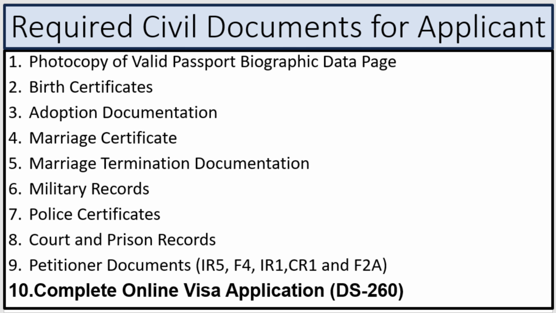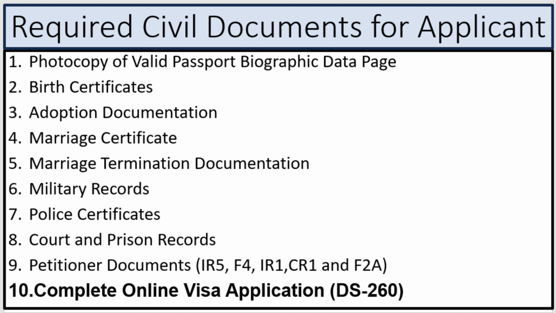So this is a required document for applicant. For a copy of valid passport biographic data page, you need a birth certificate, adoption documentation, marriage certificate, marriage termination documentation, military record, police certificates, court and prison record, petition documents for IR5, A4, IR1, CR1, and F2A.